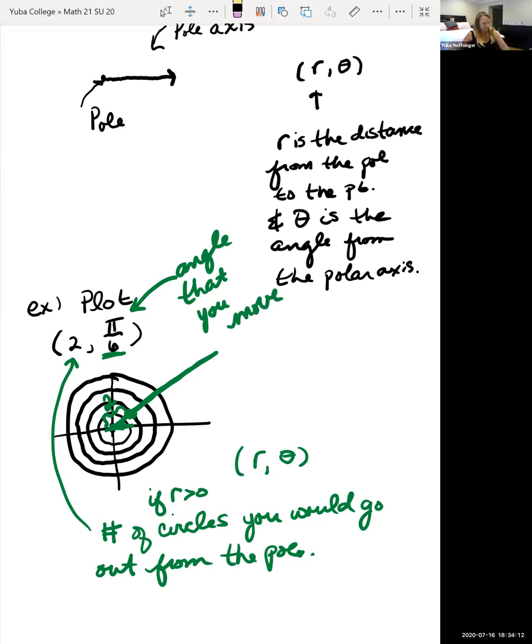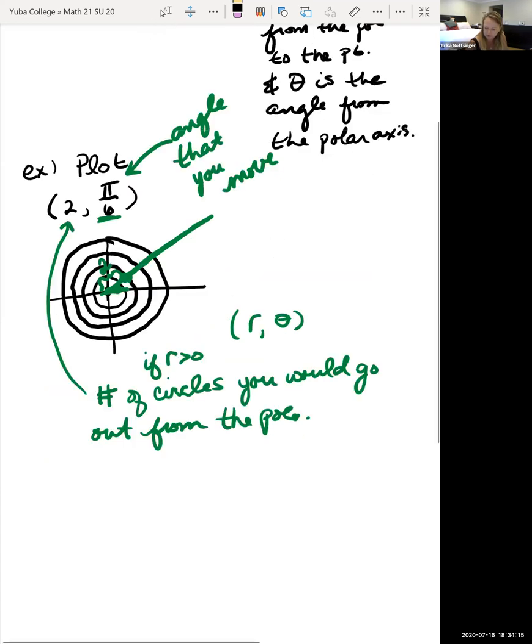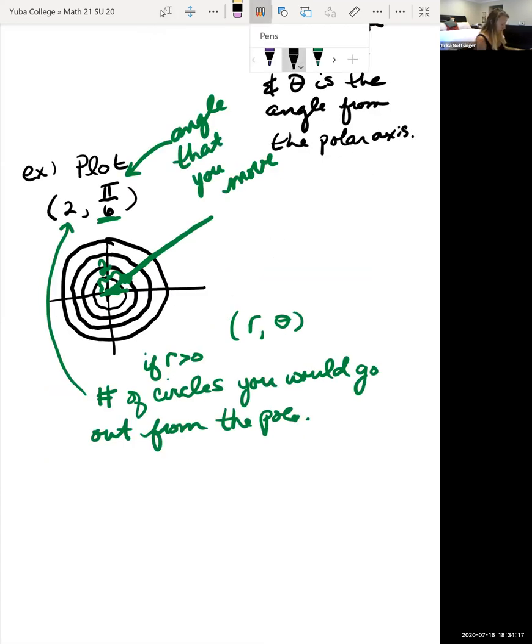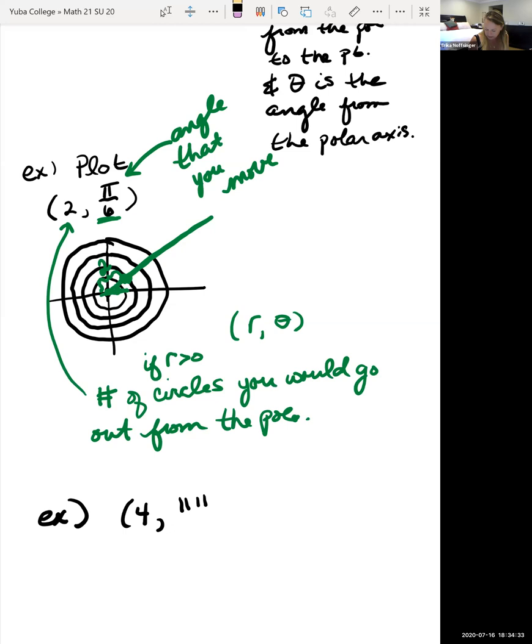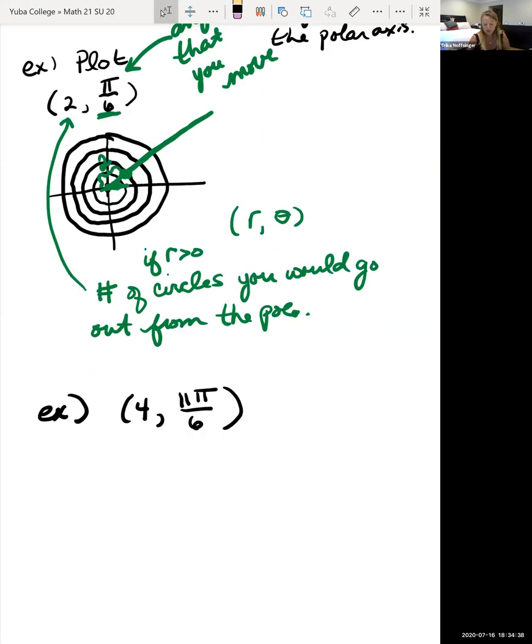So for instance, let's look at another one. I didn't do any negatives yet; we'll talk about negative in a moment. So let's say it was 4, 11pi/6. Really the first thing you want to do is locate that line, or think of it like the terminal side of that angle.